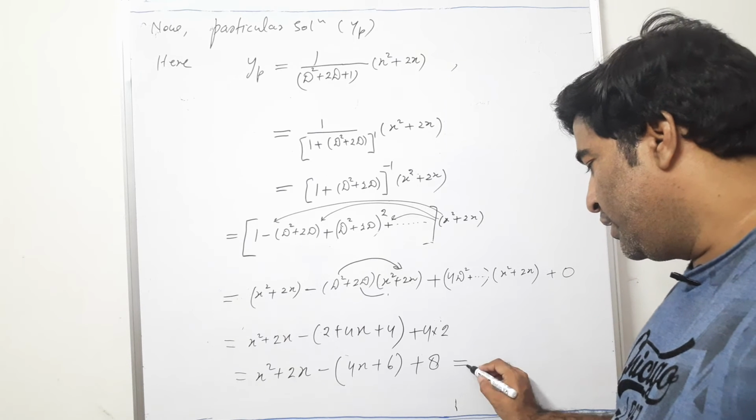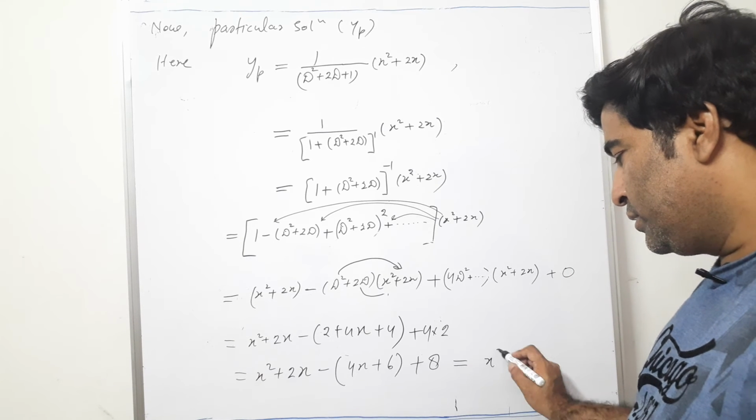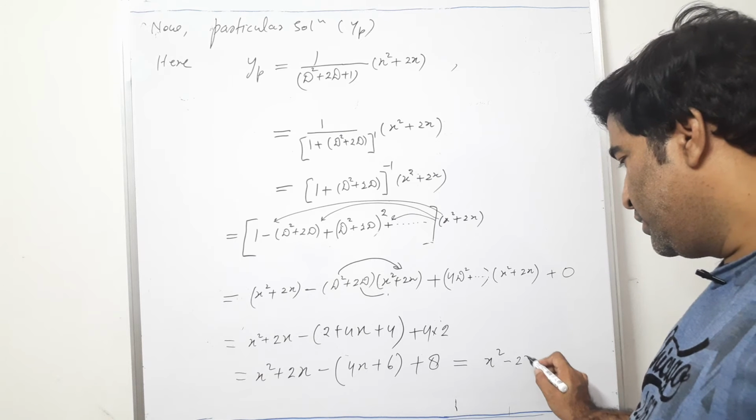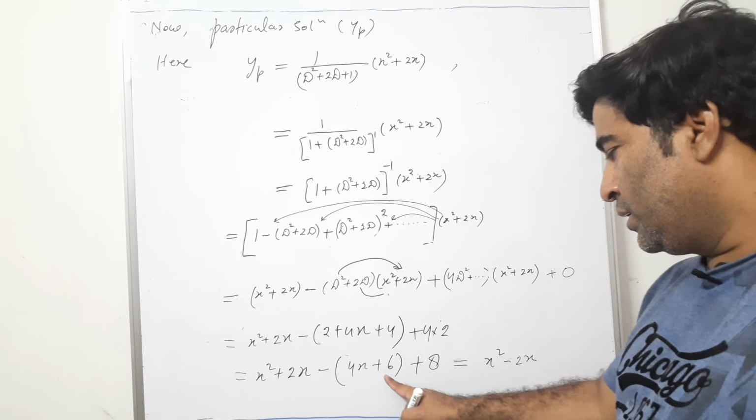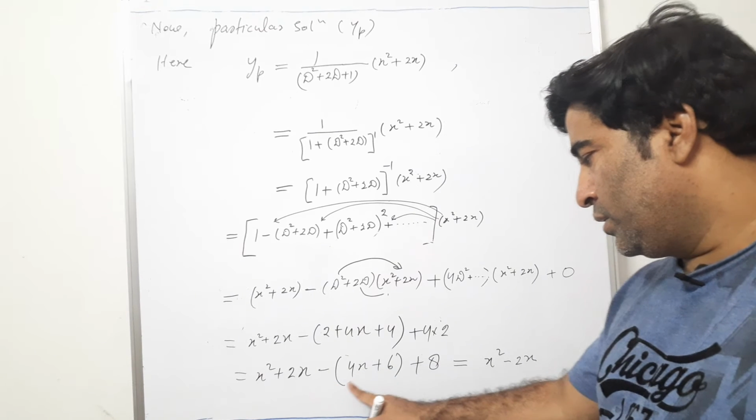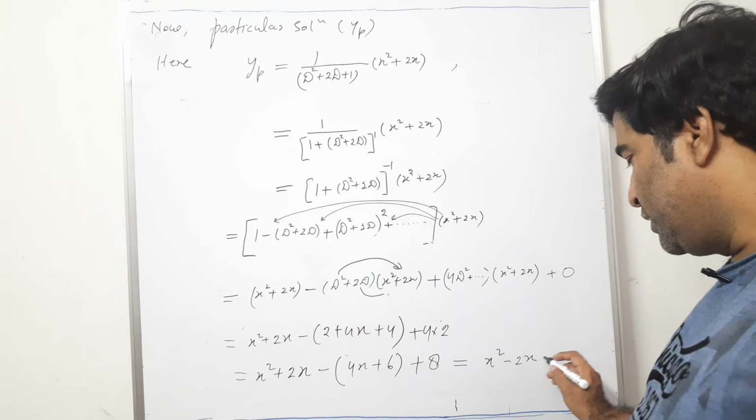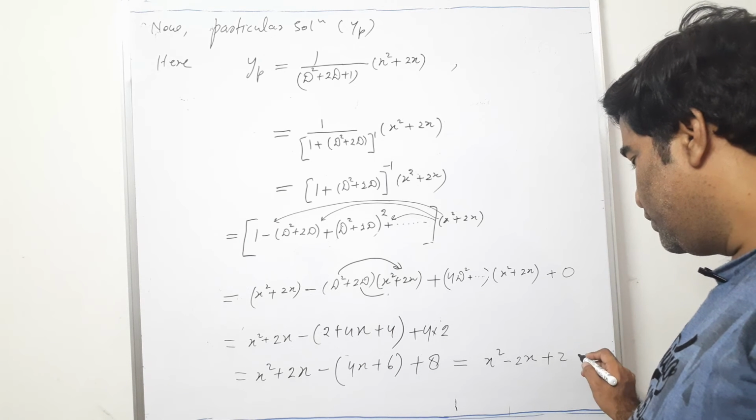Solving, we have x square minus 2x, and from here minus 6 plus 8 gives plus 2.